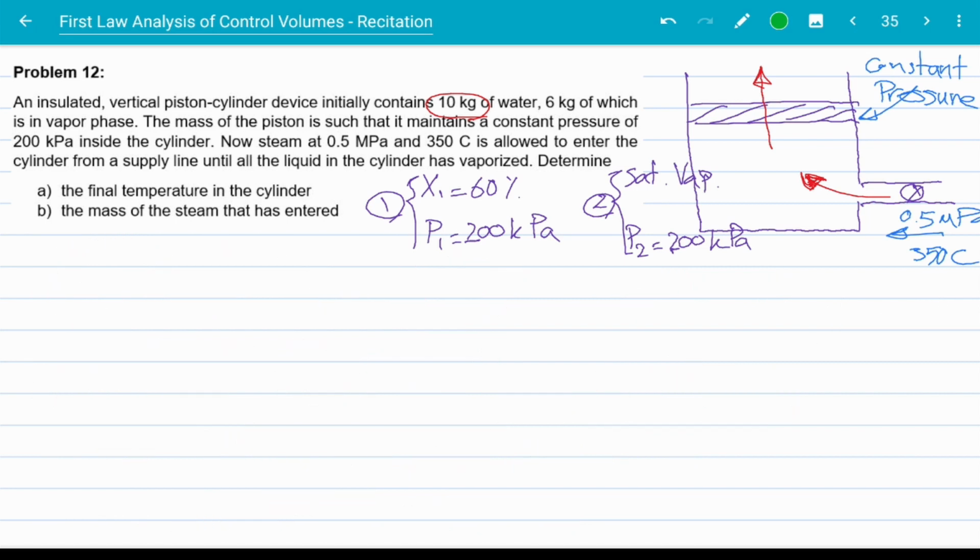So let's start with the initial state. From the tables, I'm going to read both the specific volumes of saturated liquid and saturated vapor and internal energy of saturated liquid and saturated vapor.